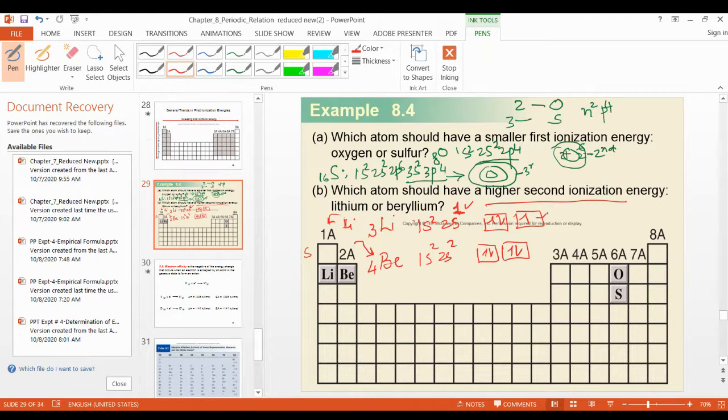It is easy to remove, right? And this is paired, so it is very difficult to break down this paired electron.